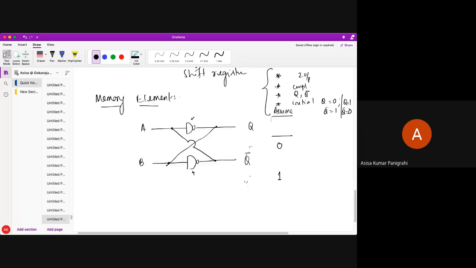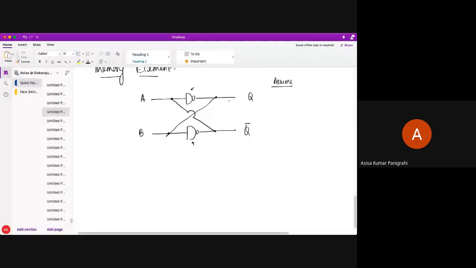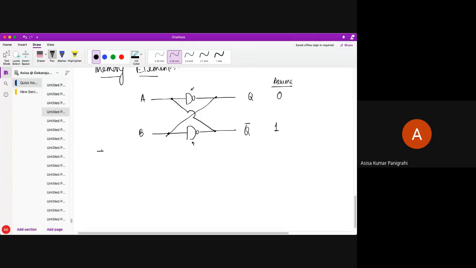Now, what I am going to show you here, just check it. So I have assumed here Q equal to 0, Q bar equal to 1. How can we say that this is a memory element? Can I say that this is a logic circuit? Yes.